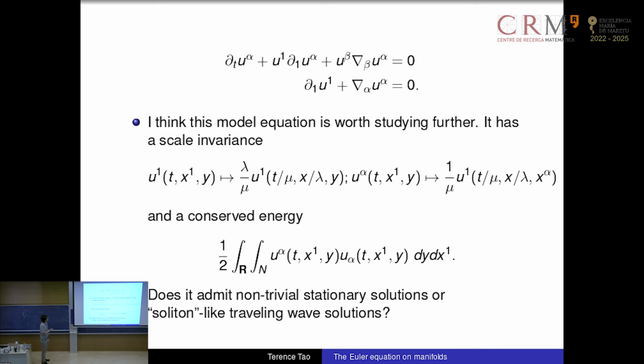Yeah, so it has a nice property. It has a scale invariance. I mean, the original equation. So somehow we have now recovered some self-similarity.